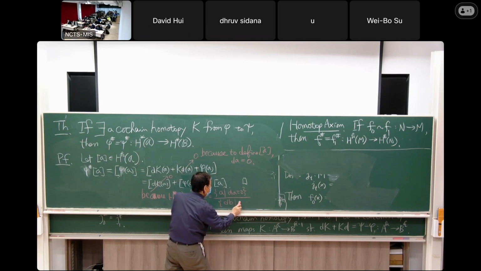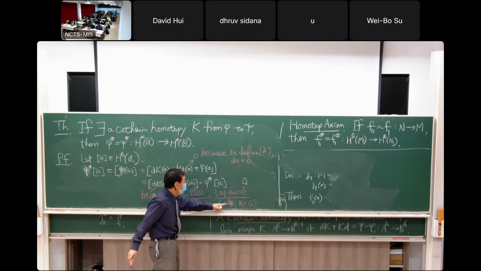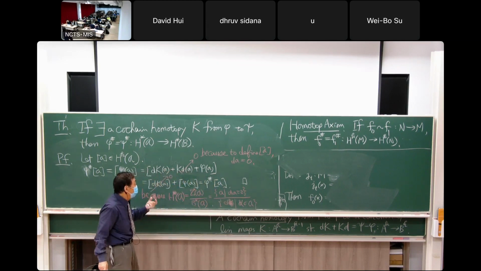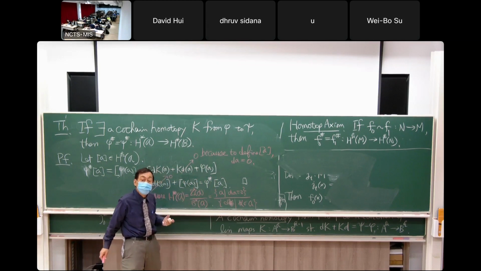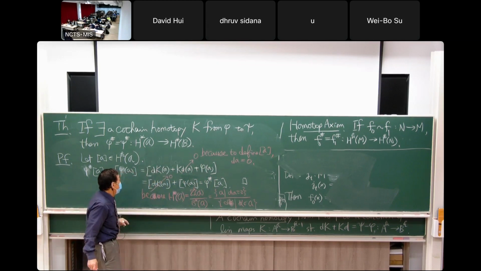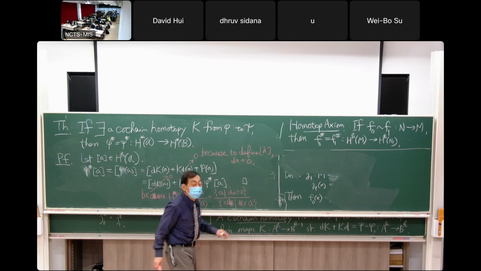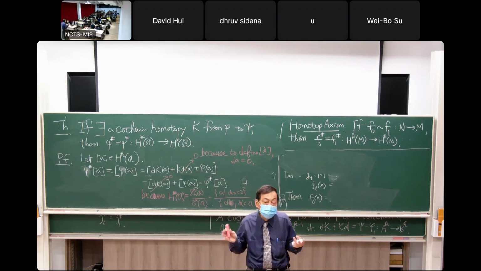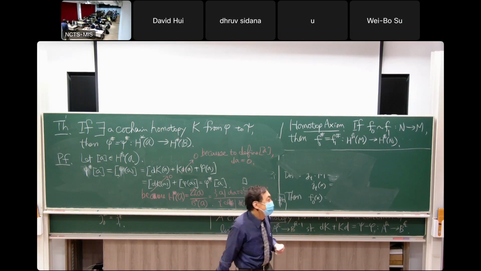I don't want to use B, so maybe I say A prime. So A prime in A. So if you have D of something, then its cohomology class is zero. Okay? Good. Whenever you have a question, I really appreciate it if you ask the question.